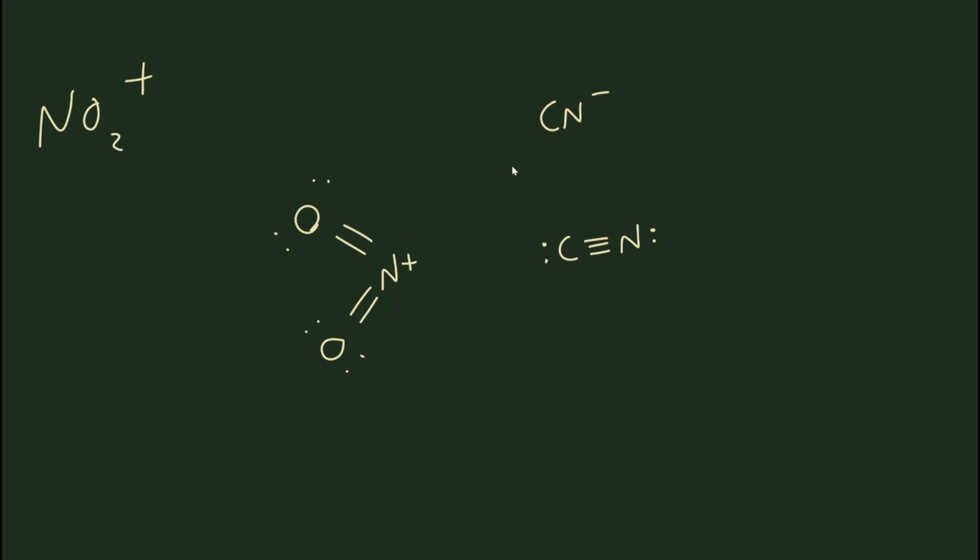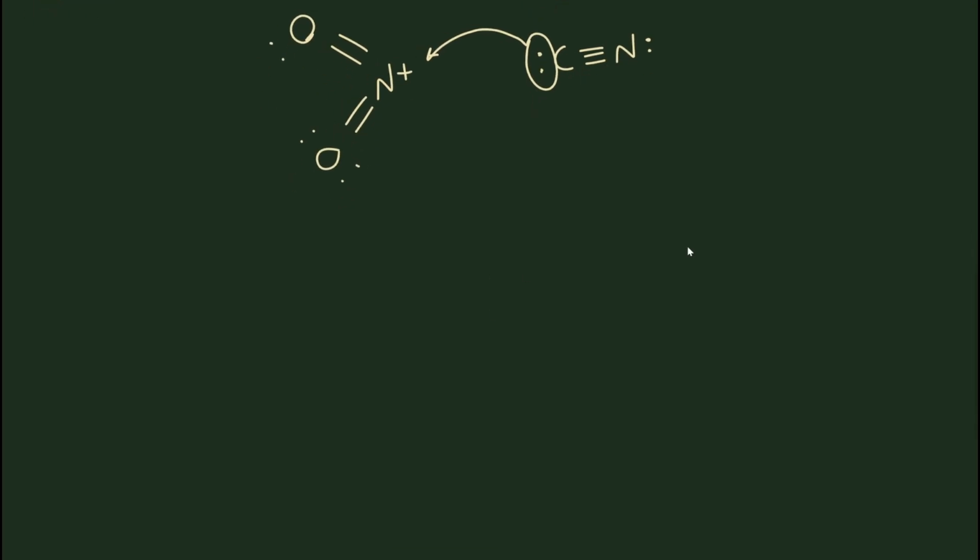Okay, so this nucleophile is going to attack this electrophile here. And nitrogen is going to want to reach out and touch somebody, as they say, right? So we're going to get some kind of an interesting configuration. Let's scroll down a little bit.